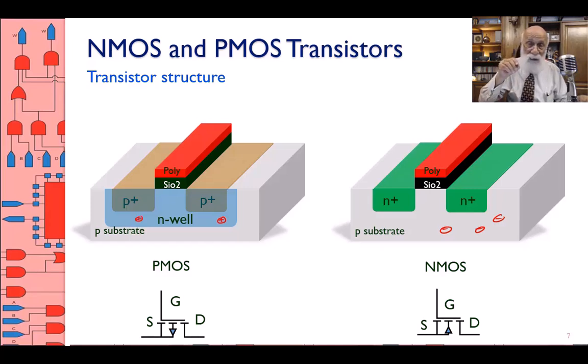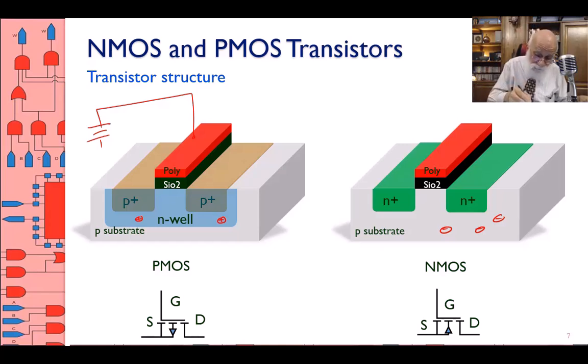And when you put a positive voltage on the gate, you will push the positive charges in the well or in the substrate away from the gate, and therefore it's not conducting.